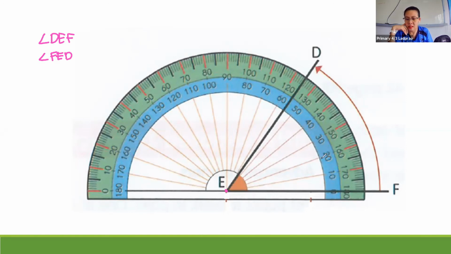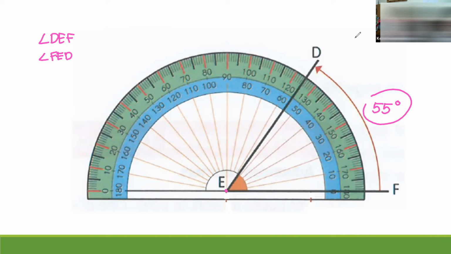Where is the 0? We are going to use the inner scale because our line passed through this 0. So what is the measure of this angle? 55 degrees. Why? From 0, count until there: 10, 20, 30, 40, 50. And it's exactly at the middle. So that is 55 degrees. You understand? Yes.